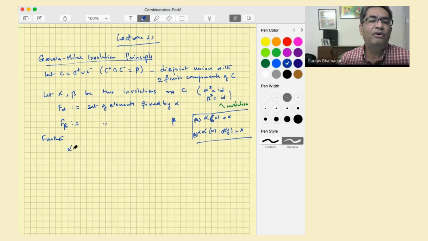So alpha of C minus C plus minus F alpha is contained in C minus, and alpha of C minus is contained in C plus.